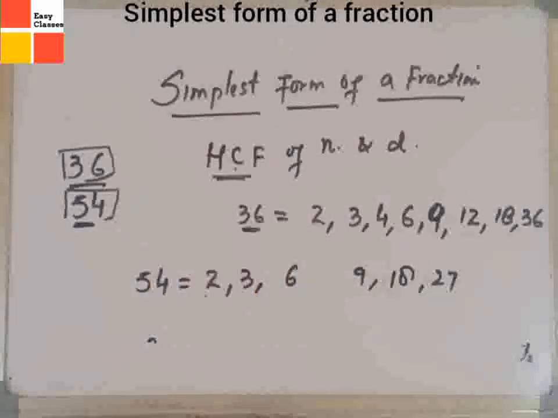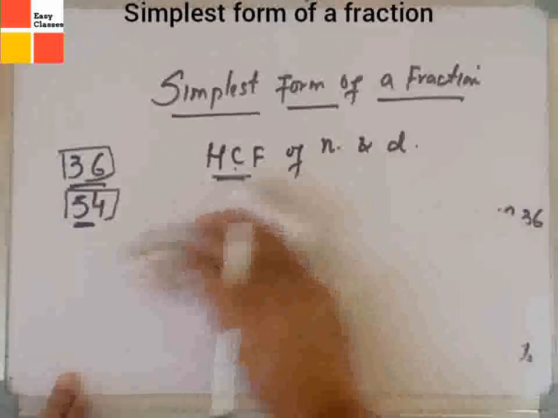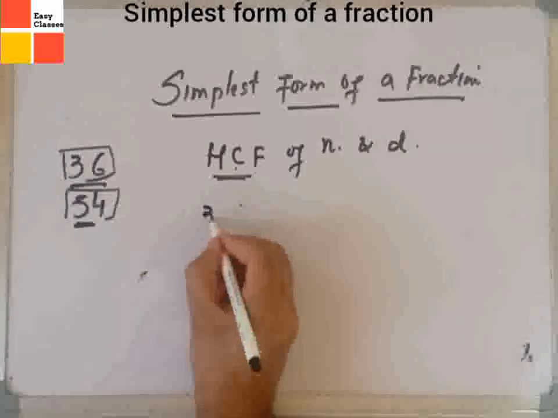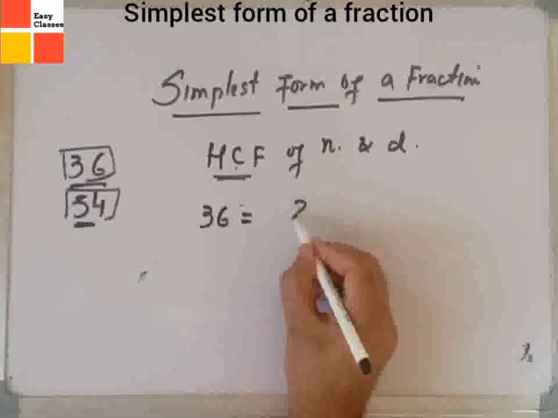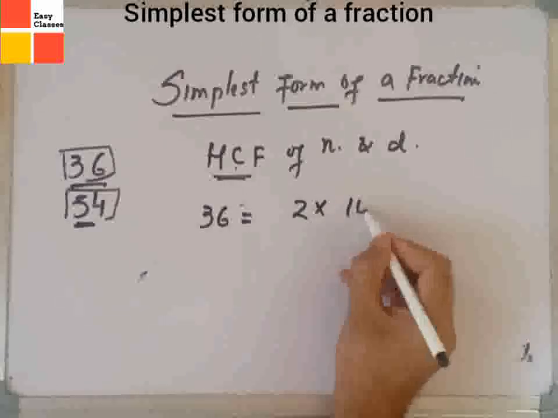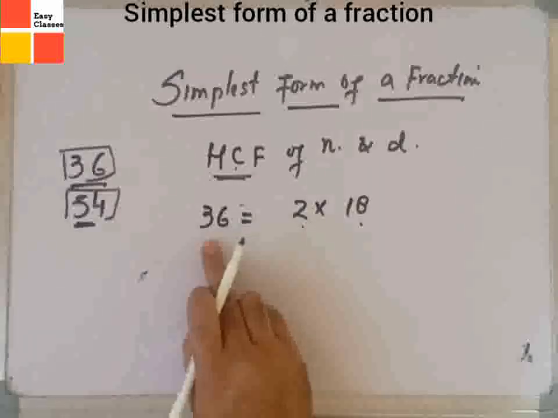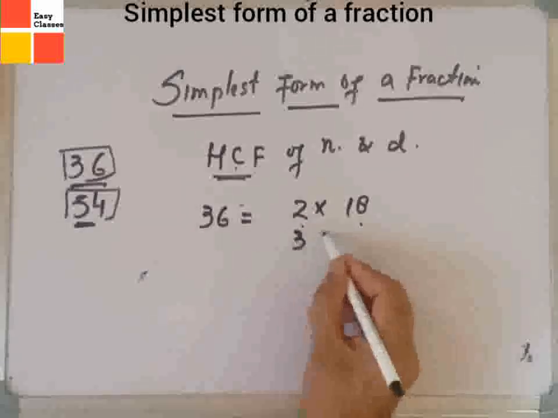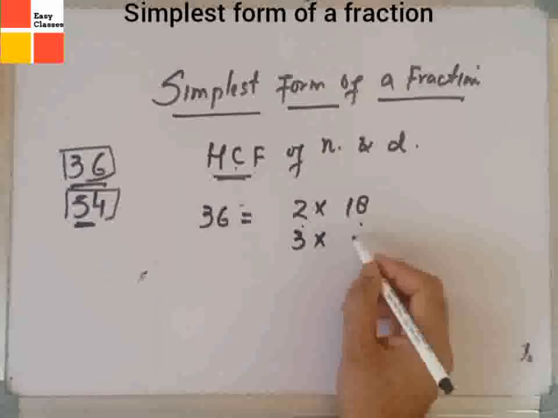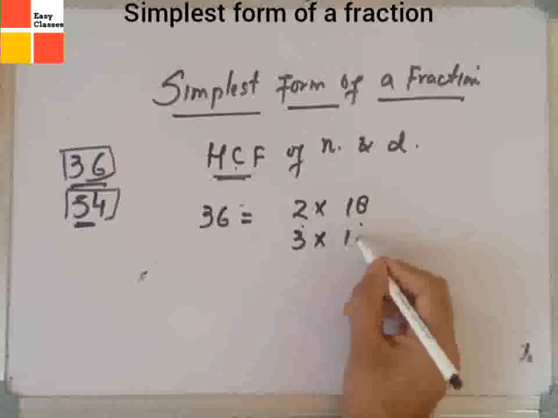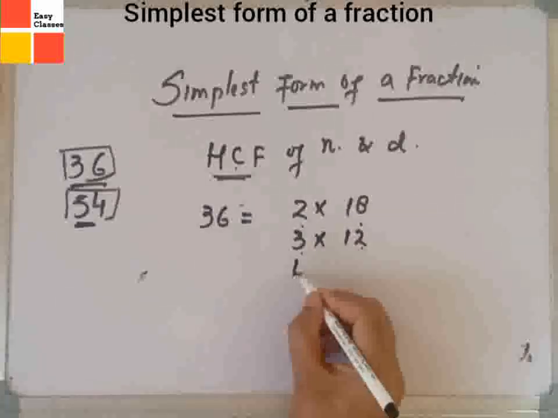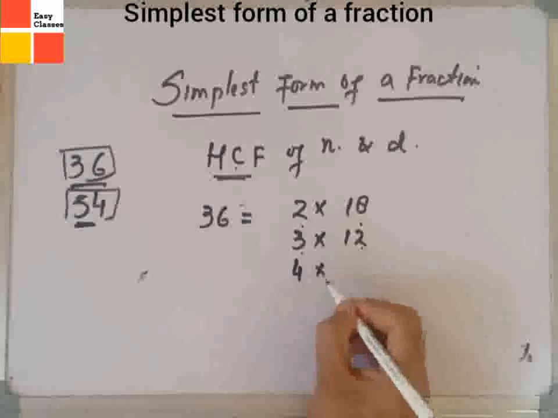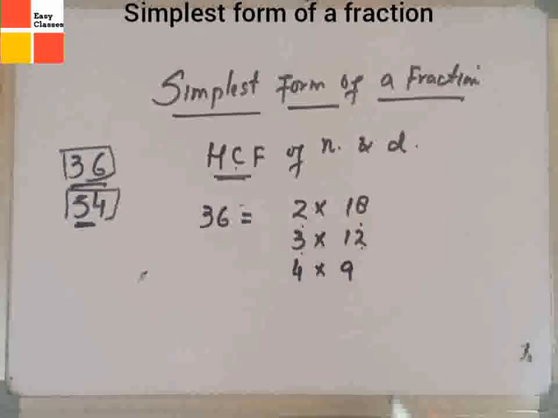There is another method. For example, if we have to find the factors of 36, we can do one thing. 2 18s are 36, so 2 and 18 are factors of 36. Then 3 12s are 36. Then 4 into 9.